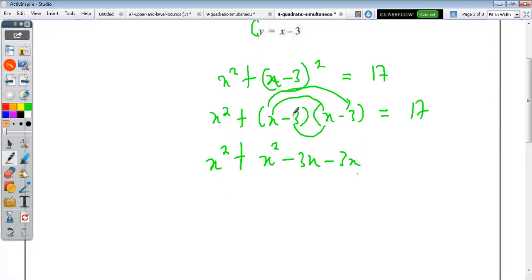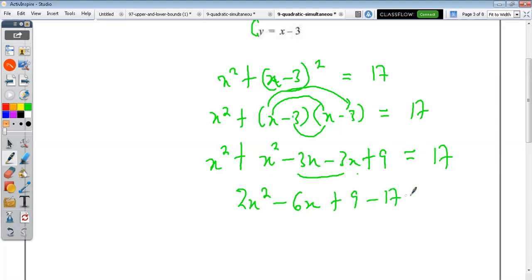Then last term by last term, we get plus 9, is equal to 17. Then add this, you get x² − 6x + 9 − 17 is equal to 0.